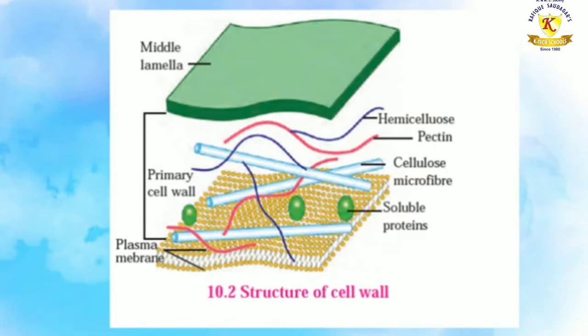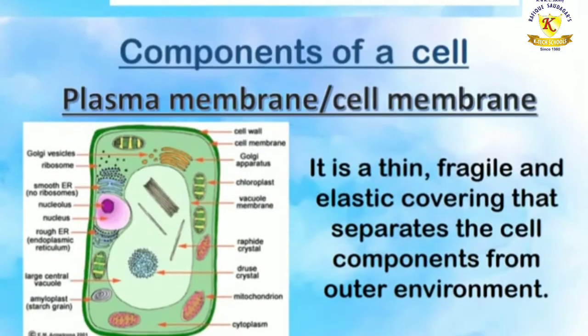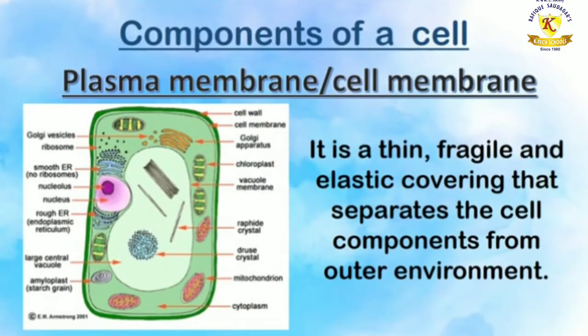Now let's see the structure of the plasma membrane or cell membrane. Now in this picture you can observe it is a thin, fragile and elastic covering that separates the cell components from the outer environment.